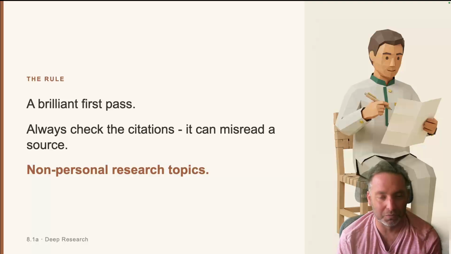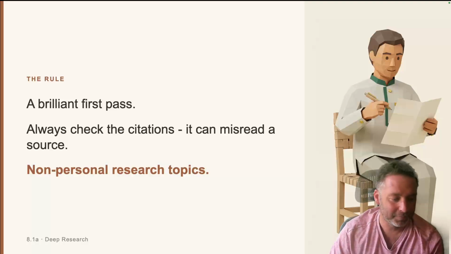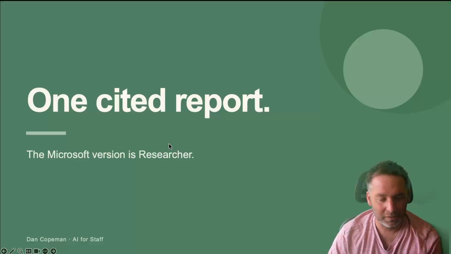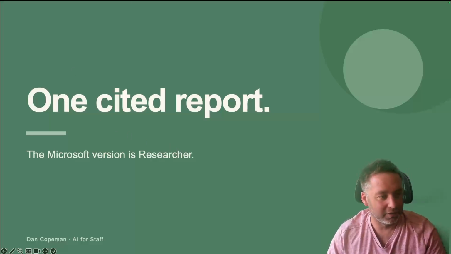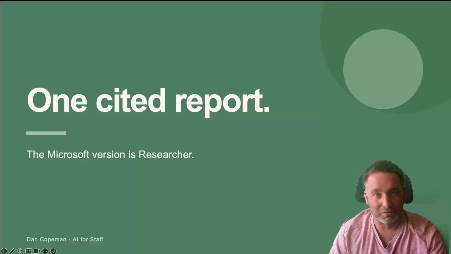You can do it on other platforms as well. If it's something really important, this is my starting point. If accuracy is the most important thing, this is often where I start. The next one I'm going to do is the same thing in Microsoft, which is called Researcher.